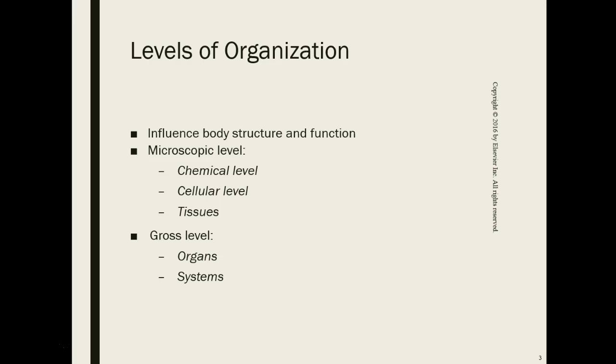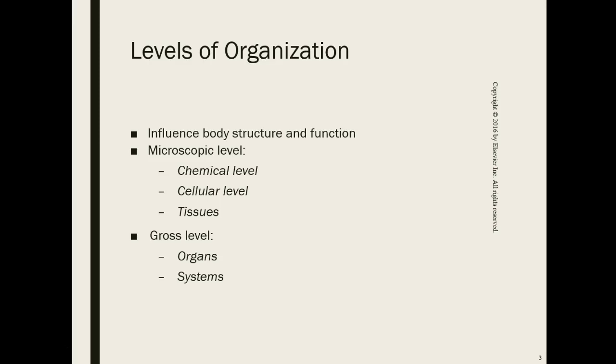And then on the gross level, we have organs, which are groups of several different kinds of tissues arranged in a way that allows them to act as a unit to perform a special function. And then we have a system, which is an organization of varying numbers and kinds of organs that work together to perform functions in the body. One thing to think about when we're looking at the levels of organization is that each one builds upon the other.